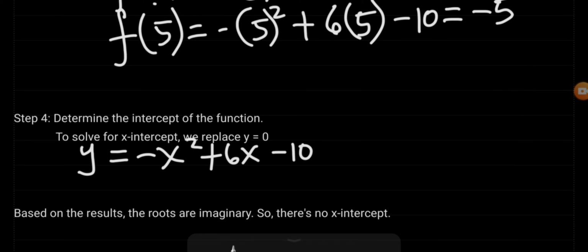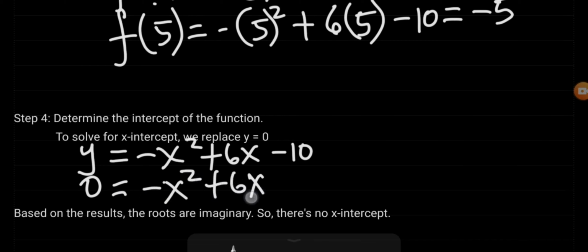For step 4, determine the intercepts of the function. To solve for the x-intercept, we replace y with 0. So this is 0 equals negative x squared plus 6x minus 10.